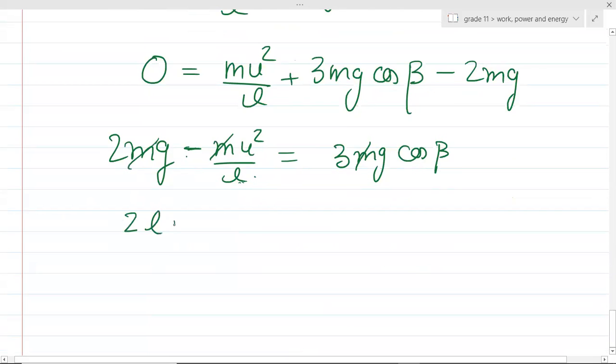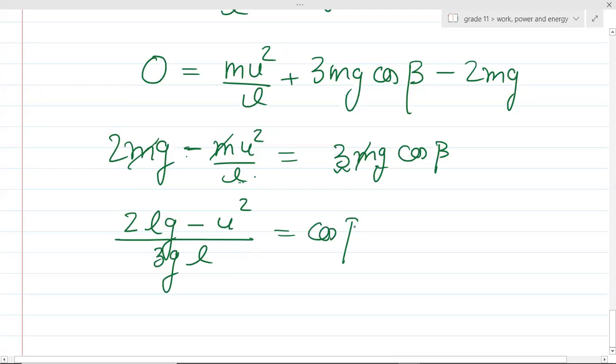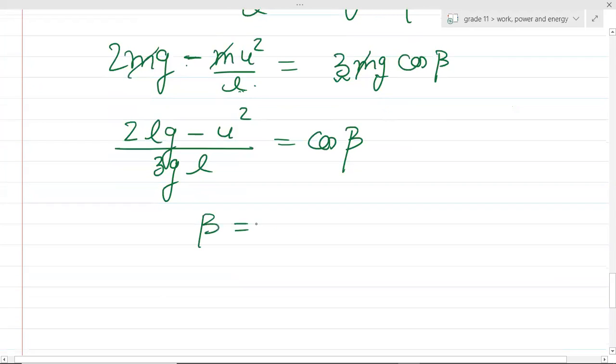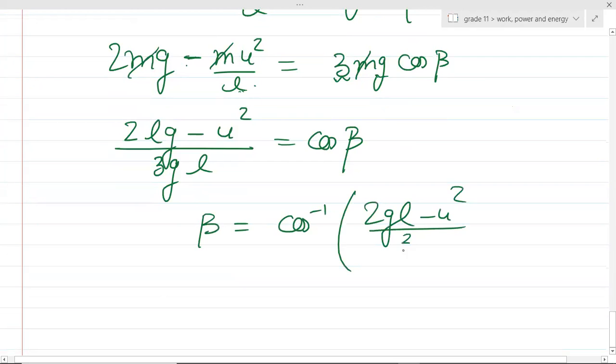So it will be twice of Lg minus u square divided by L in the bottom. Then I'll transfer this 3 and g on the left hand side to get my cos beta. So beta will be equal to cos inverse of twice of gl minus u square upon 3gl.